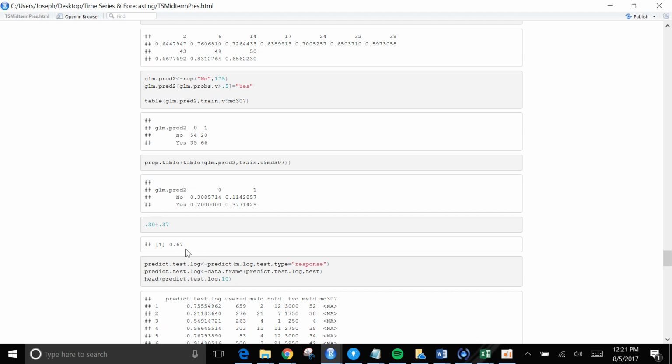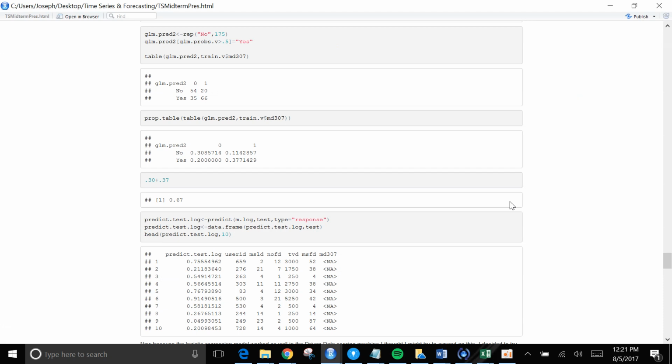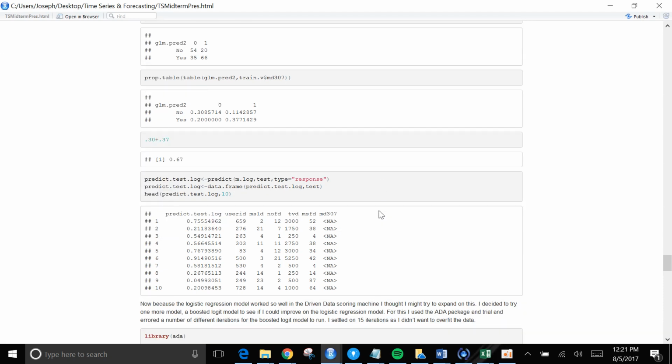So at least we have good stability between the outside data. But as you'll see here, the logistic regression model actually performed the best out of all the models I performed, with a log loss score of 0.4496.